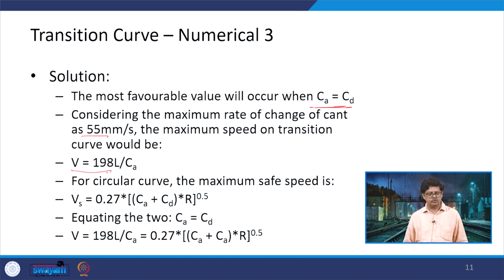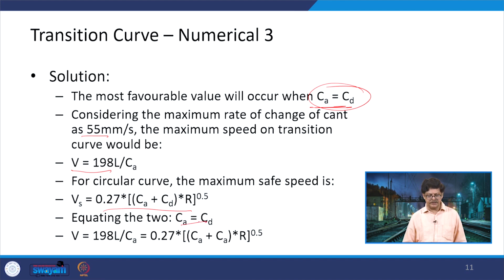It comes out to be V equals 198 into L divided by CA. In the case of safe speed, it is calculated by 0.27 into the square root of (CA plus CD) into R. We said that CA equals CD is an optimal condition which needs to be used.